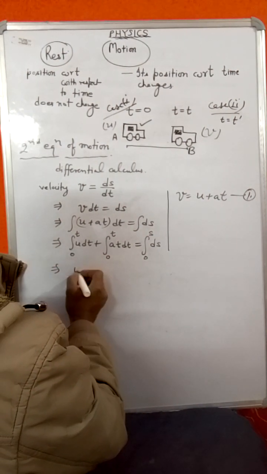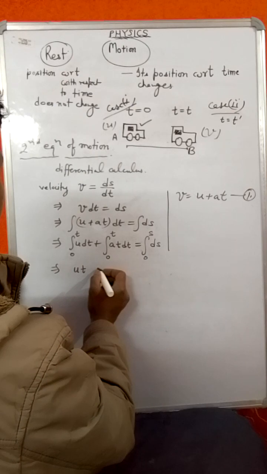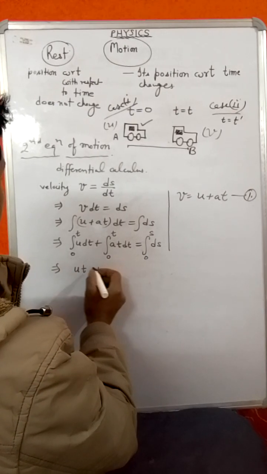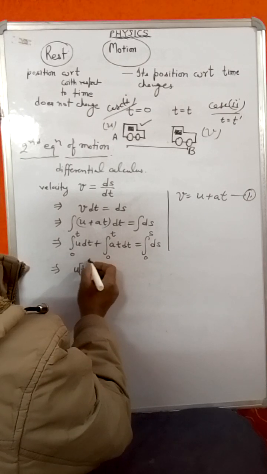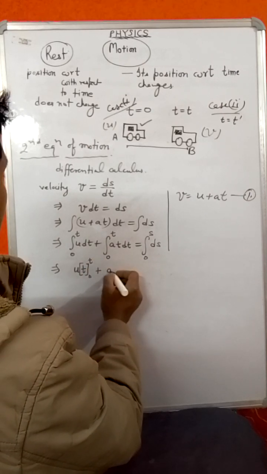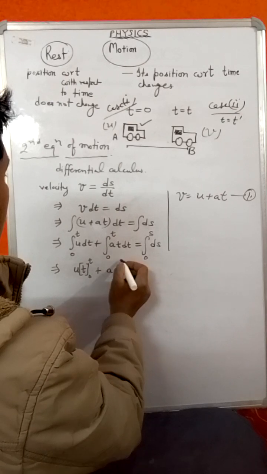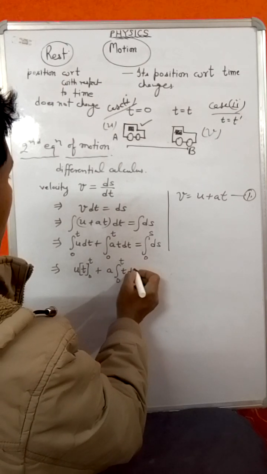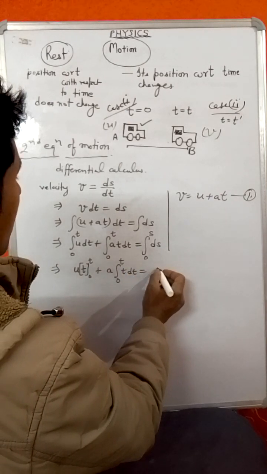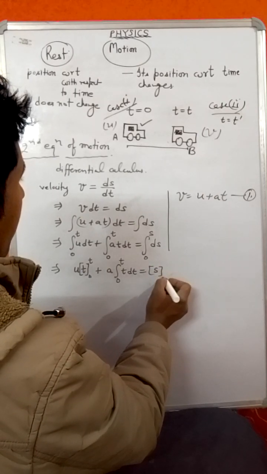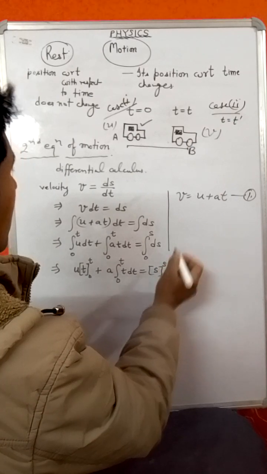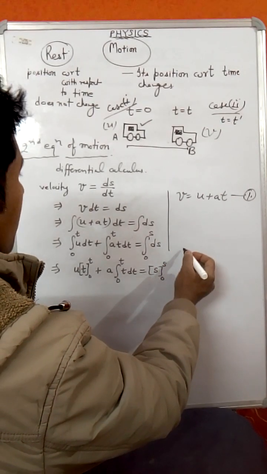Now this one will be ut plus a integral 0 to t, then t dt is equal to s, from 0 to s.